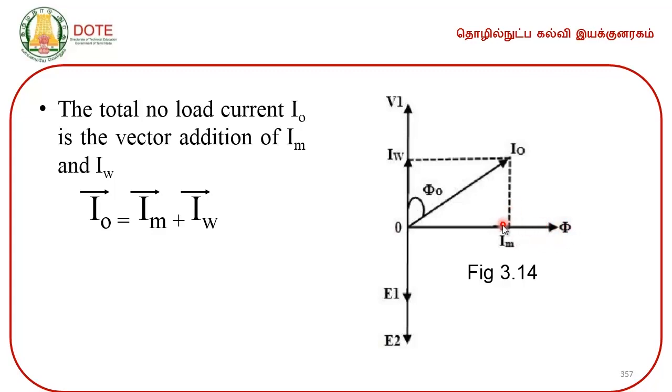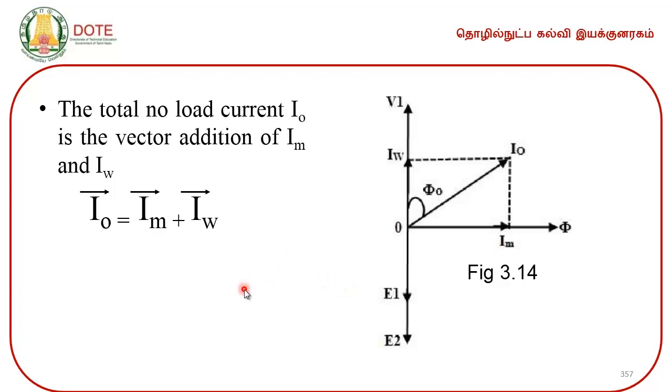Then this is your applied voltage, V 1, and this is E 1 which is in antiphase with V 1, this is E 2, and now this is the working component, that is the core loss component, which is in phase with V 1. I m is in phase with magnetic flux. Now, I am going to add these two, I w and I m.